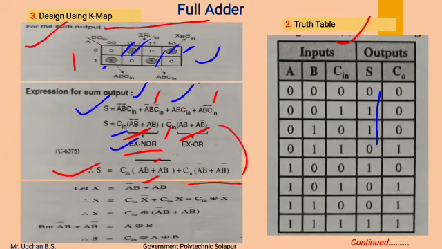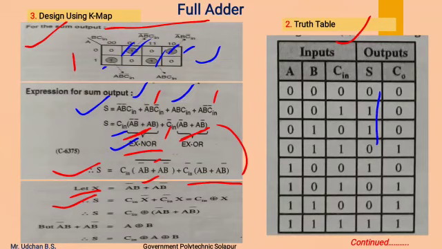After this, if we put A bar B plus AB bar equal to X into this equation, we can get S is equal to C in, X bar, plus C in bar into X. Now if we observe this equation, which is in the form of A bar B plus AB bar, that is the equation for XOR gate.